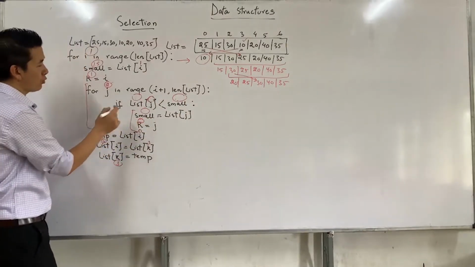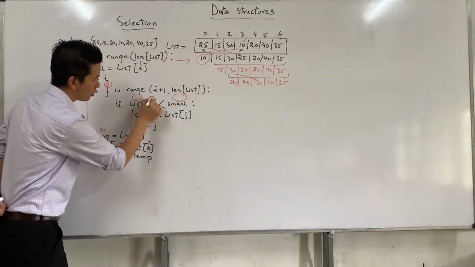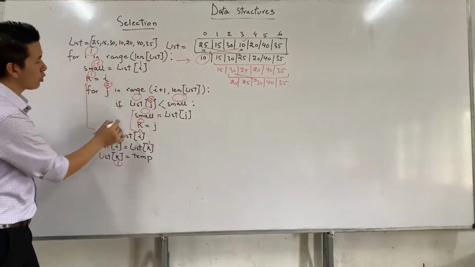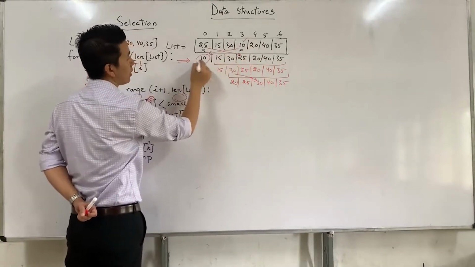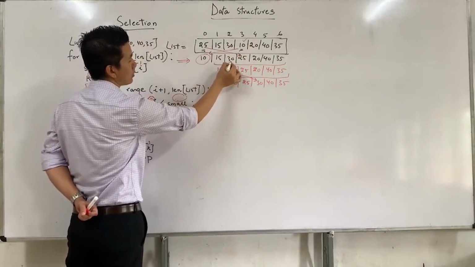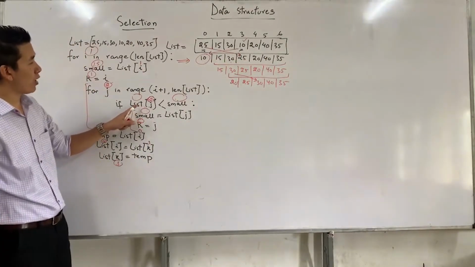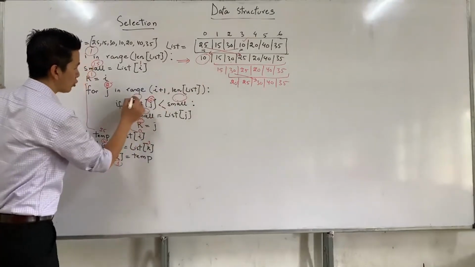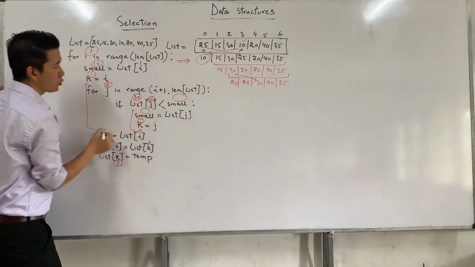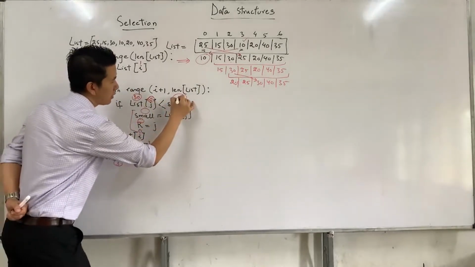Now look at this. The new value of j is 2. List of 2 means you're actually pointing to 30. So you have list of 2 as 30, and the value of small is 15, remember?